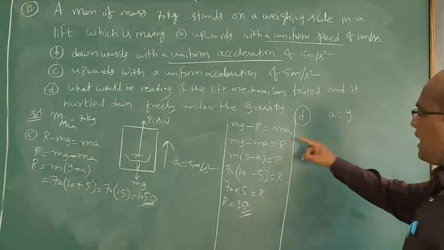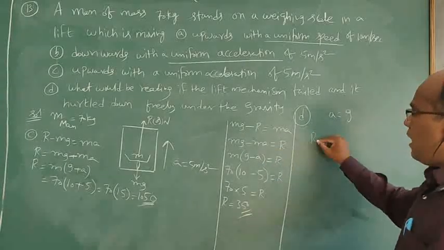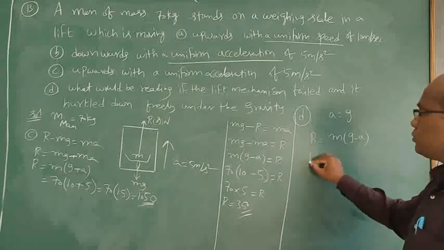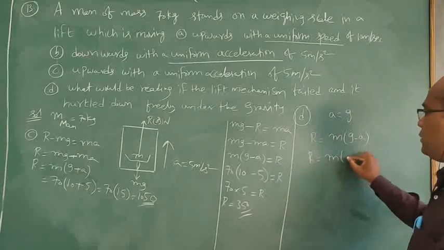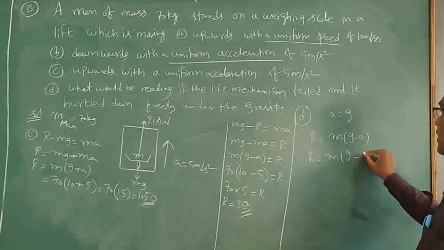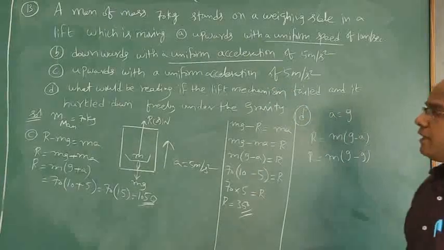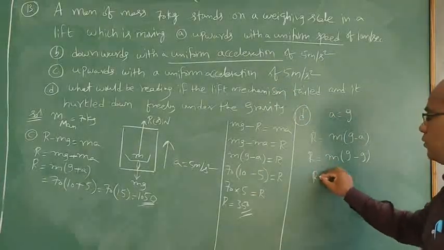So what is the normal reaction? Same formula: R is equal to m into g minus a. In place of a, I should write g, because it is freely falling down. So R is equal to 0.